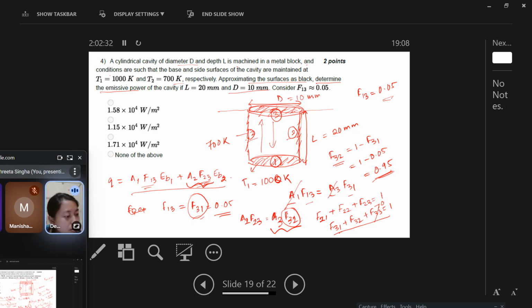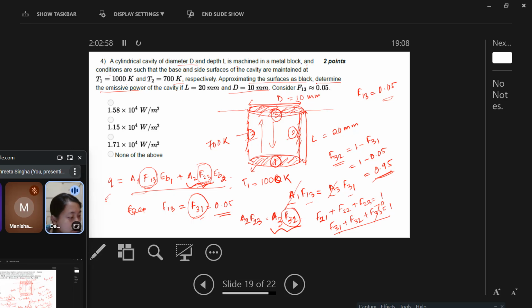So the thing is, obviously you have to first understand what exactly you have to find out, and then from there you have to see what you know. So from here, you know this F13, but you have to find out F23.